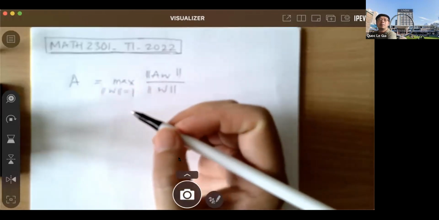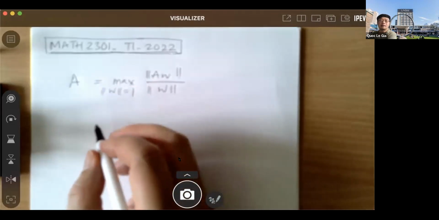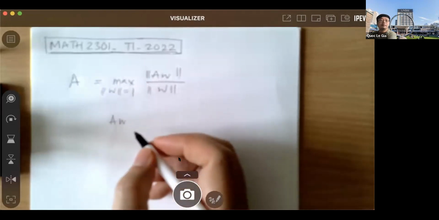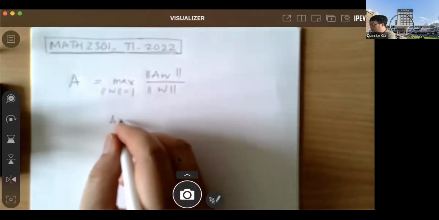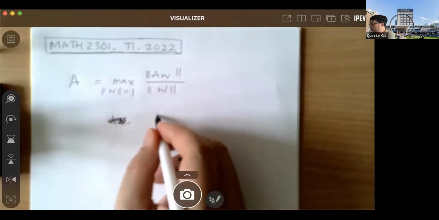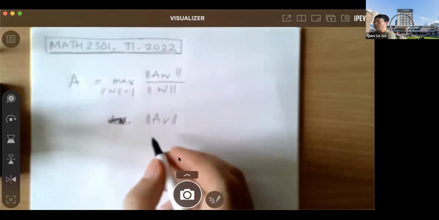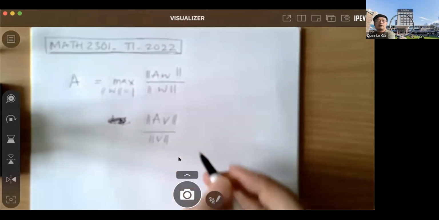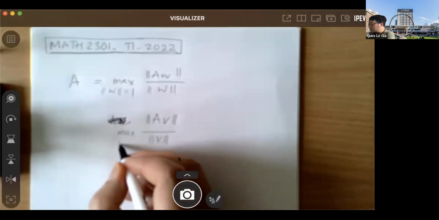Now I claim that it's the same as the following. Maybe we use different letters, AV. You take the norm of AV and you divide it by the norm of V, provided that V is not a zero vector.